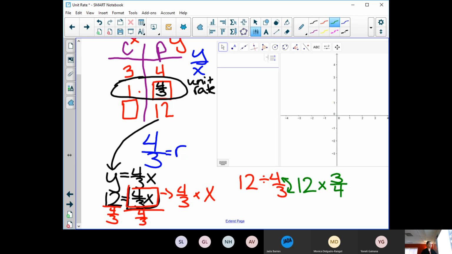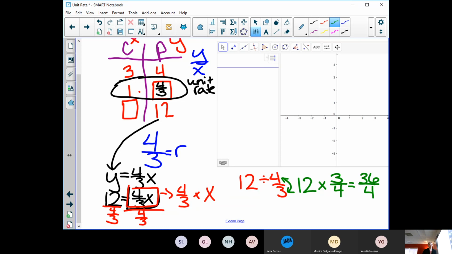So 12 times 3 is what? 36. And 4 times 1 is 4.